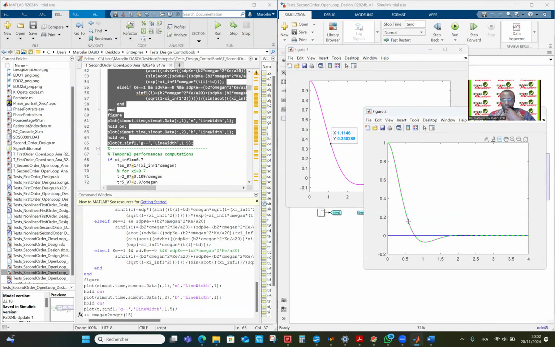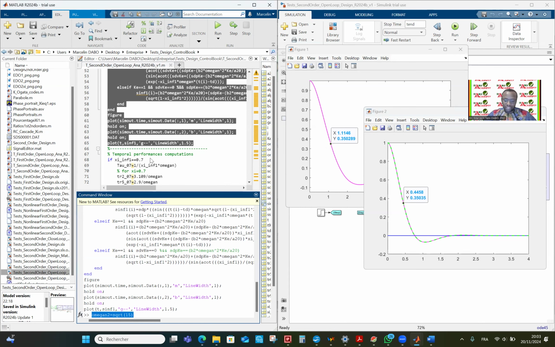So let's go and check at this percentage where we are now, meaning at 0.35. If we do this, what we are having here is this value 0.4458.